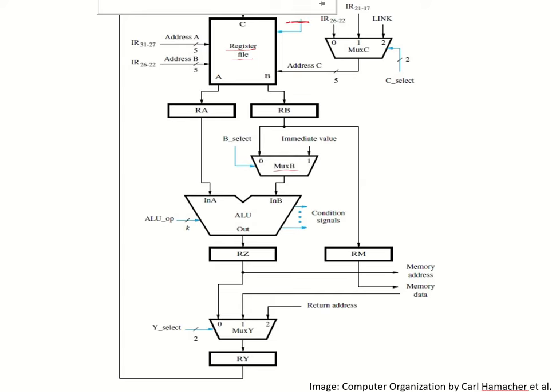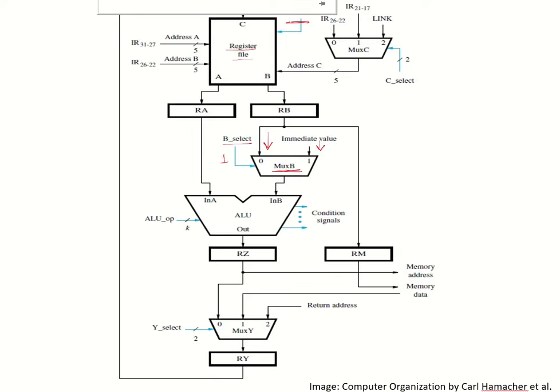This multiplexer B has to choose between two inputs, one coming from the register and another which is the immediate value coming from the instruction register. So it requires one B select signal, which could be 1 bit, and this helps the multiplexer choose between the register content or the immediate value.